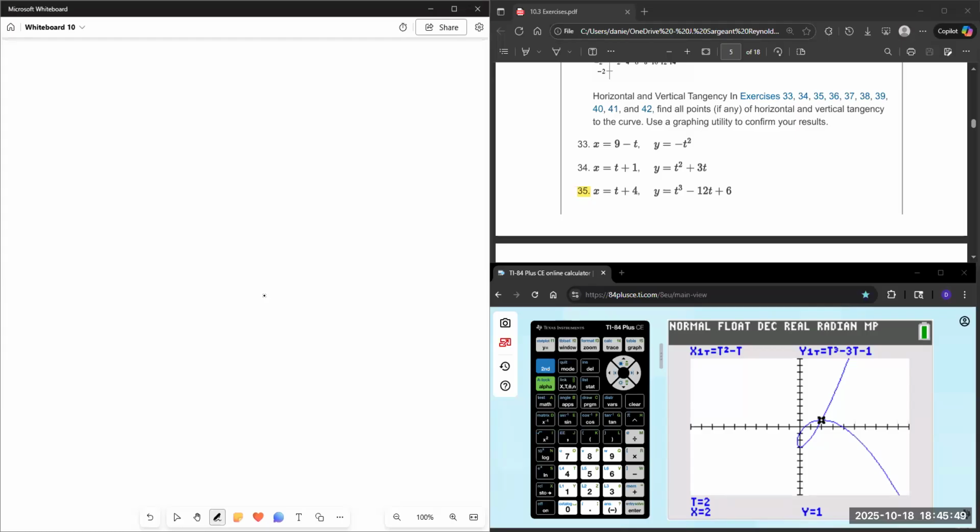And we don't want both of them to be 0 at the same time, because that just means the curve isn't smooth there, and we get some kind of a cusp or something like that. So dx/dt is equal to 1, dy/dt is equal to 3t squared minus 12.